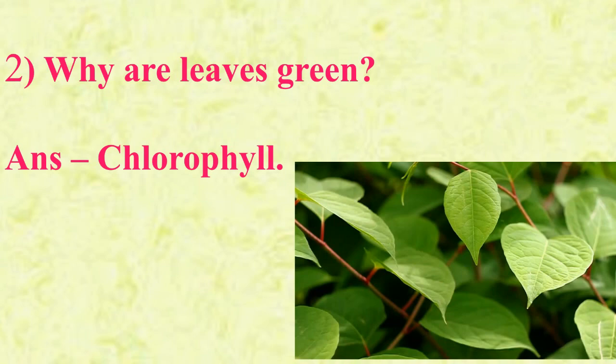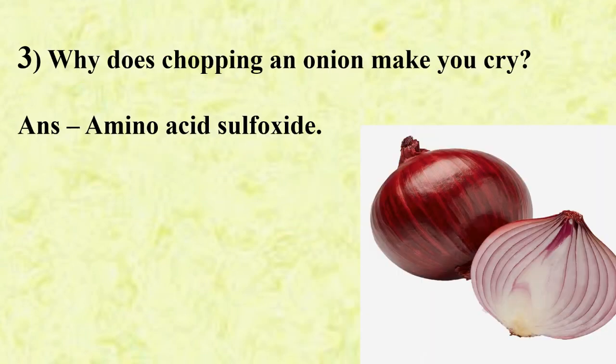Next question, why does chopping an onion make you cry? So children, you must have observed your mother while she cuts an onion, her eyes are full of tears. Do you know why this happens? It is because of a chemical present in the onion called amino acid sulfoxide. There are curved lines on the onion which are called cells.